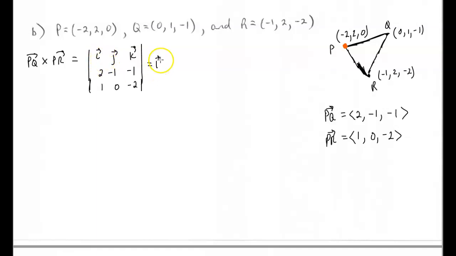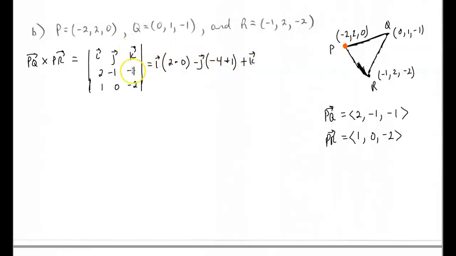So this will be I times, take out the first column, top row: negative 1 times a negative 2, which is 2, minus 0 times whatever, gives me 0. Minus J, take out the middle column and top row: 2 times a negative 2 is a minus 4, minus 1 times a negative 1, which is a negative 1, so that will make this plus here.